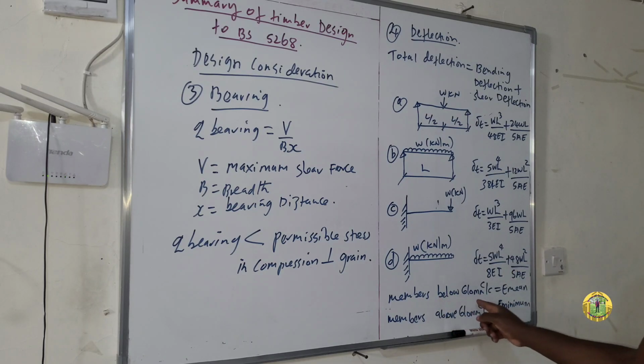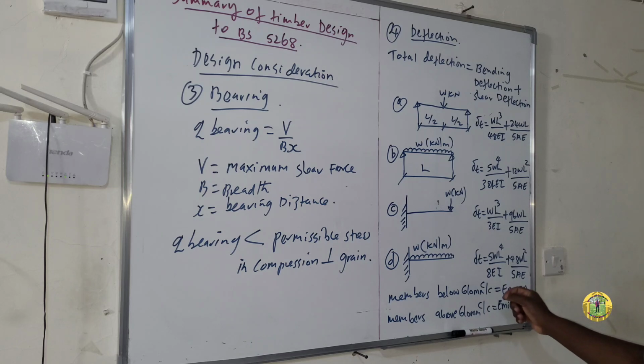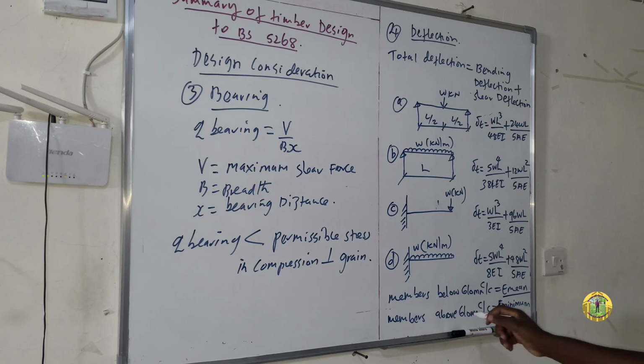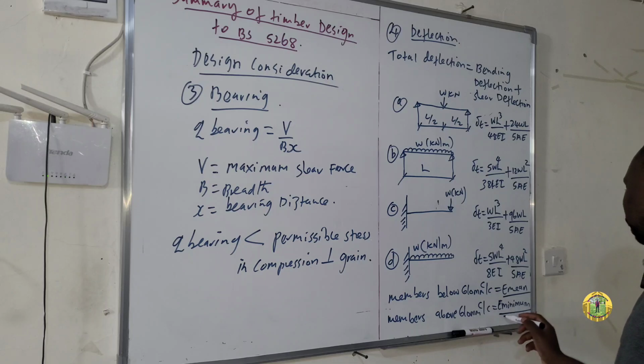For members below 610 center to center, the E which will be used for such members will be E mean. So E mean will be used for members below 610 millimeters, and for members above 610 millimeters, we will use E minimum.